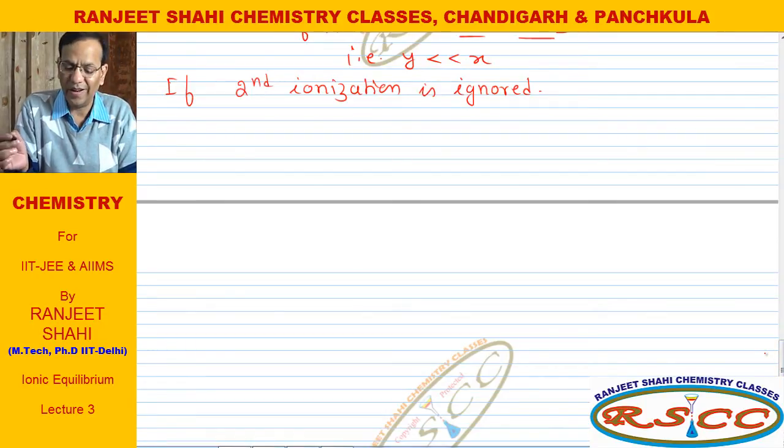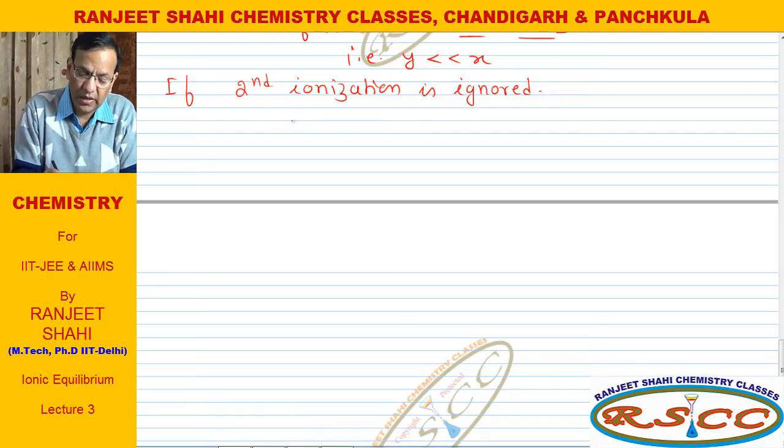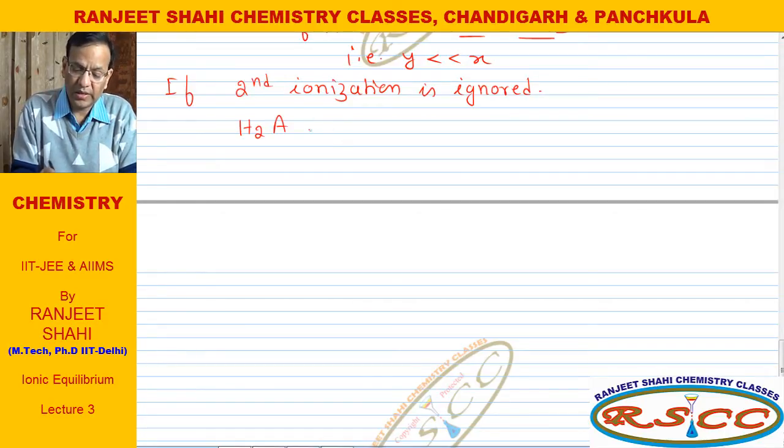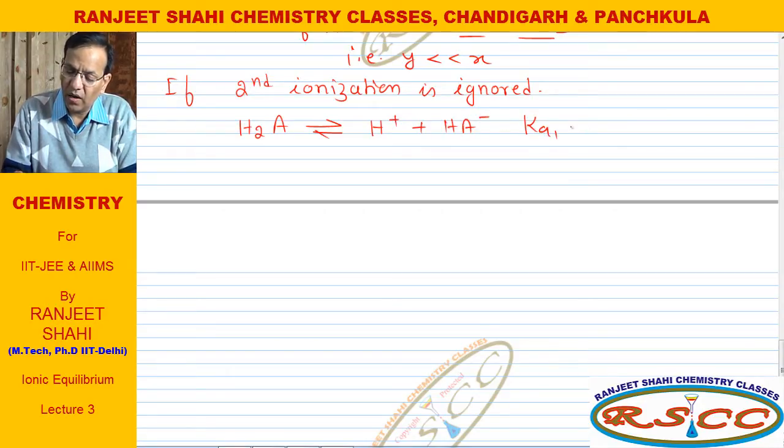Let us rewrite with this approximation that the acid will be ionized in first step significantly. So, ignoring second ionization, this can be written as H2A giving H+ and HA-, and K1 is now H+ times HA- upon H2A.